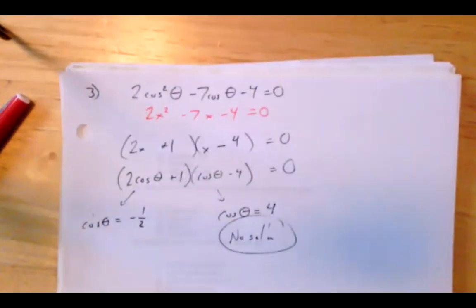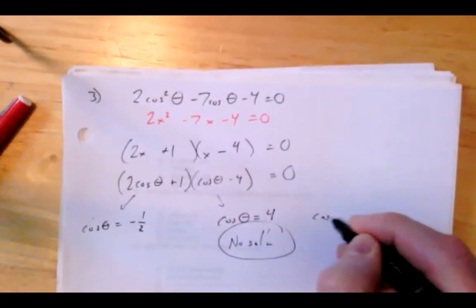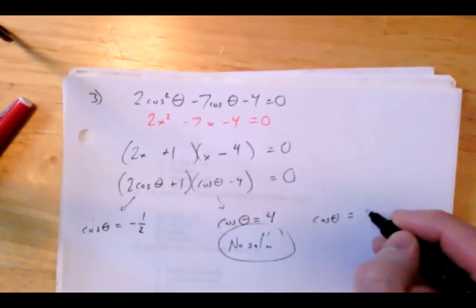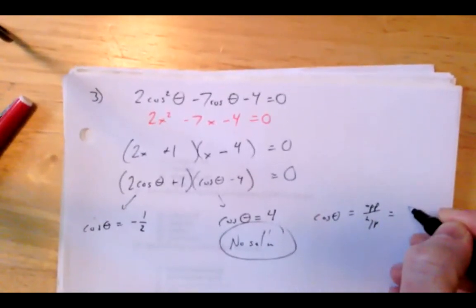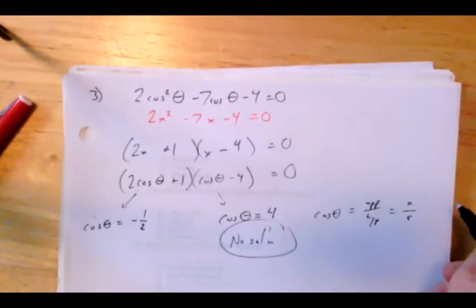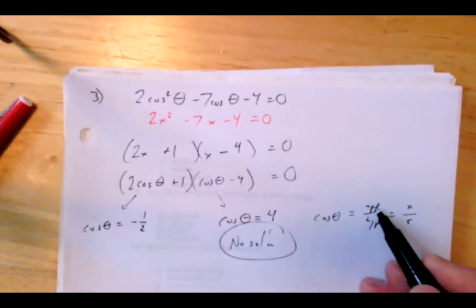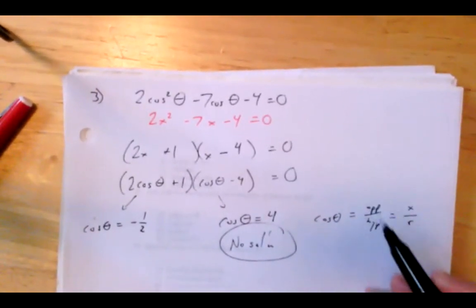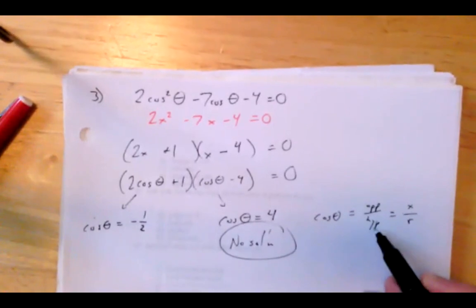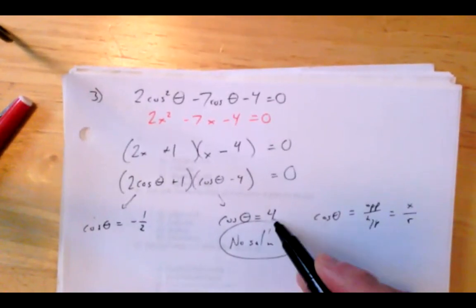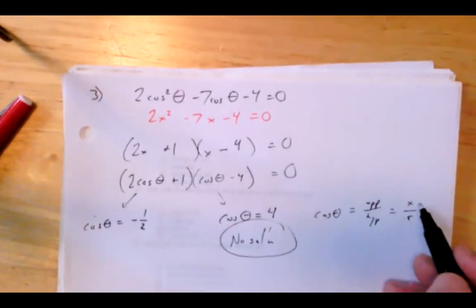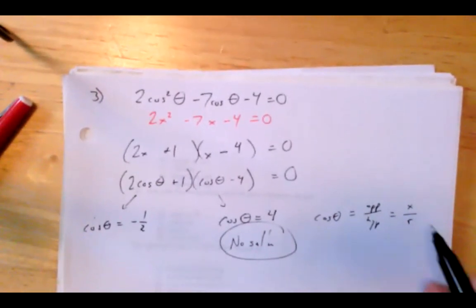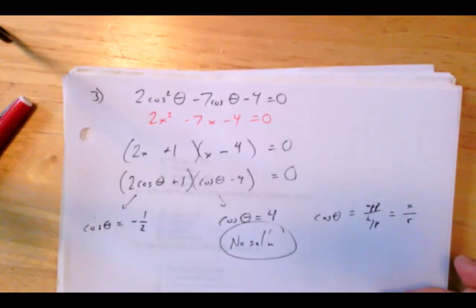There's no solution for this because remember, cos of theta is adjacent over hypotenuse, or more recently, x over r. We cannot have a side bigger than the hypotenuse, let alone 4 times the hypotenuse. x has to be smaller than or equal to 1.